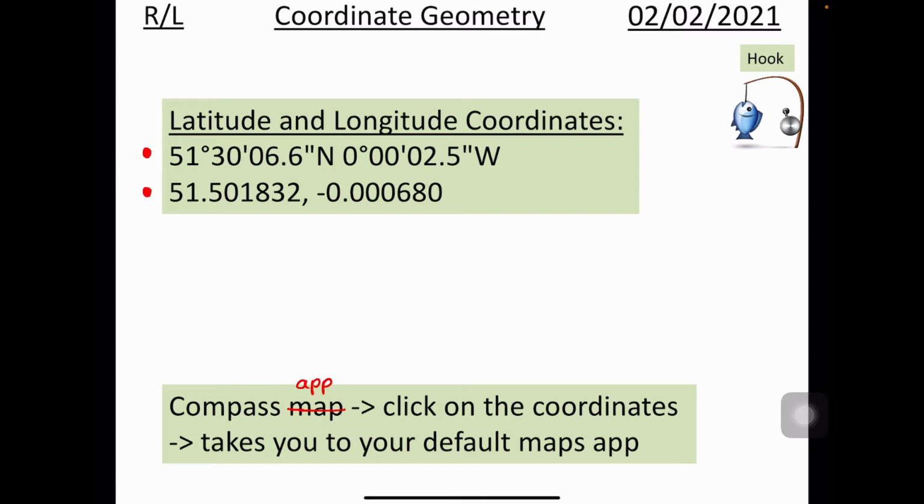If you were to click on those coordinates, then it would take you to your location in your default Maps app. So mine is Google Maps, yours might be Waze or Apple Maps. But yeah, you would see your current location on there.